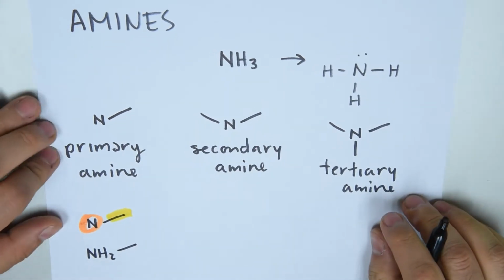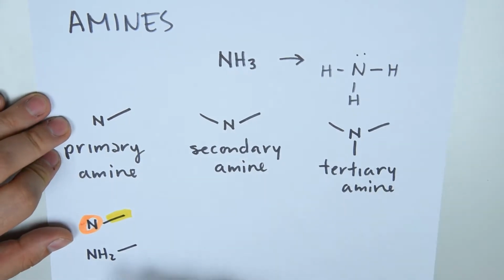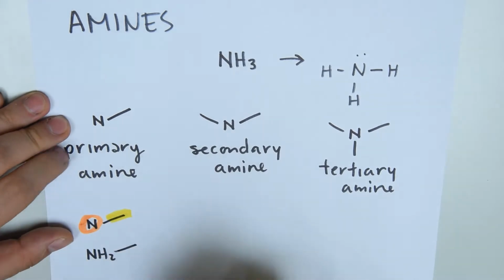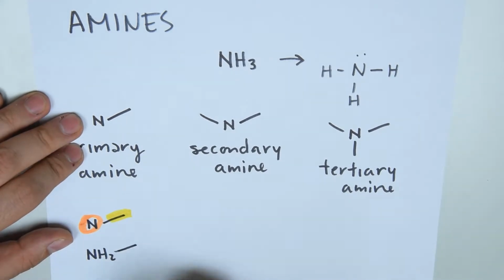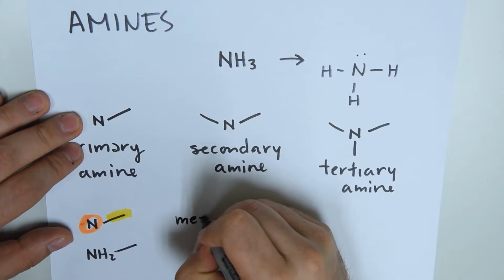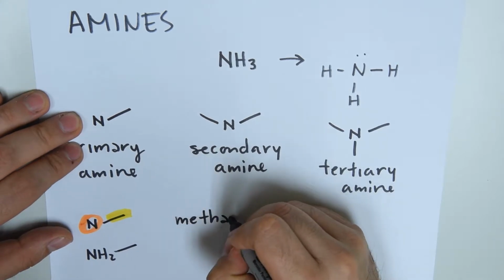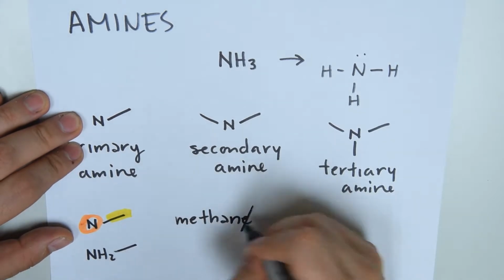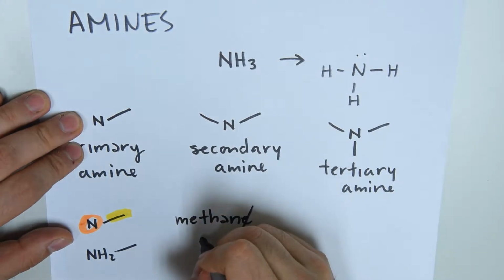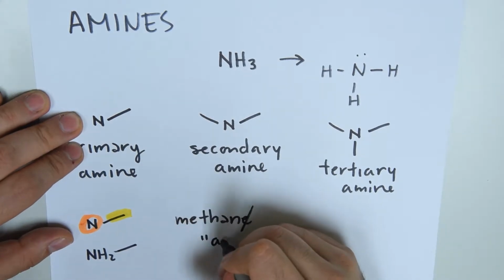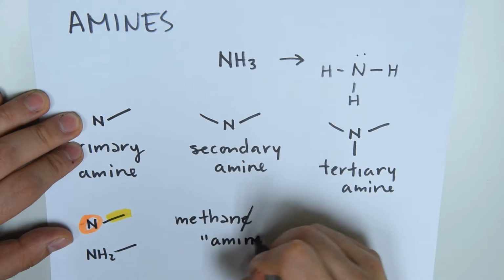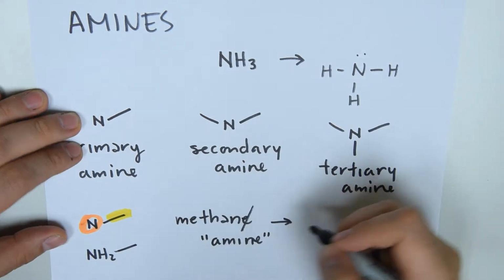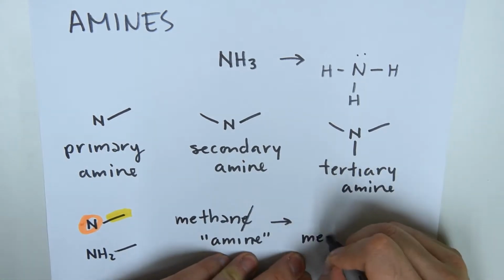But again, it depends on how your teacher is teaching you to show this bonding. So my longest chain is methane. But when we use IUPAC names, the E is substituted for the whole word, amine. So this is going to become methanamine.